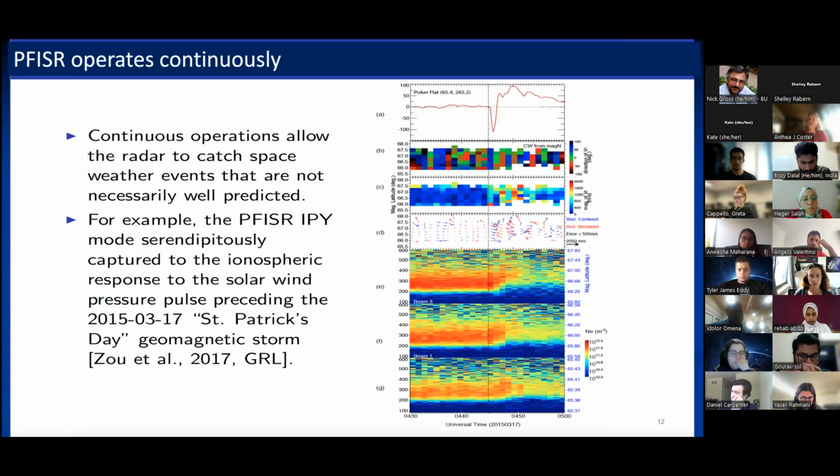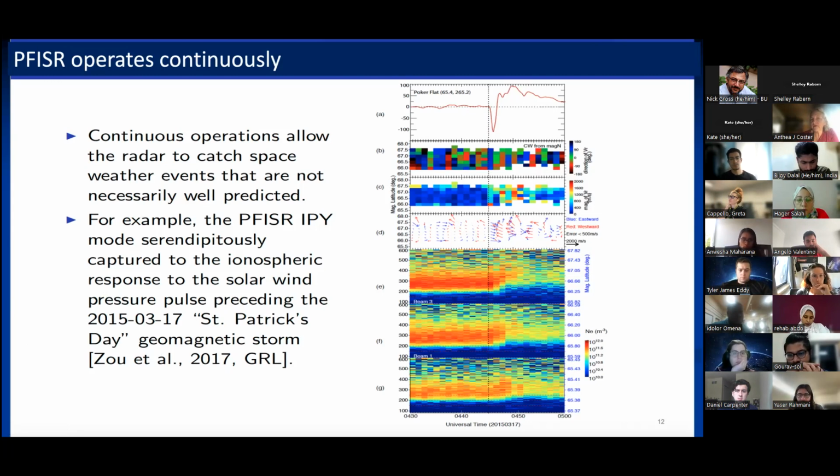So one huge advantage is that PFISR now operates continuously. It's always on. And that means you don't have to plan. If there's space weather events, you're going to measure it. For example, they were on in IPY mode during the 2015 St. Patrick's Day storm, and they were able to monitor it as it happened.